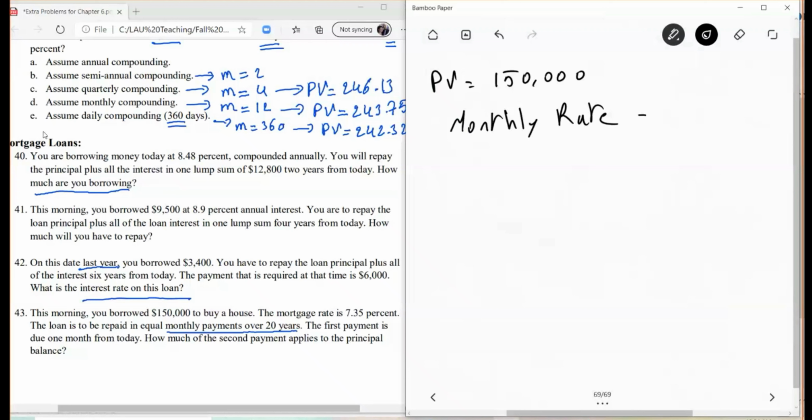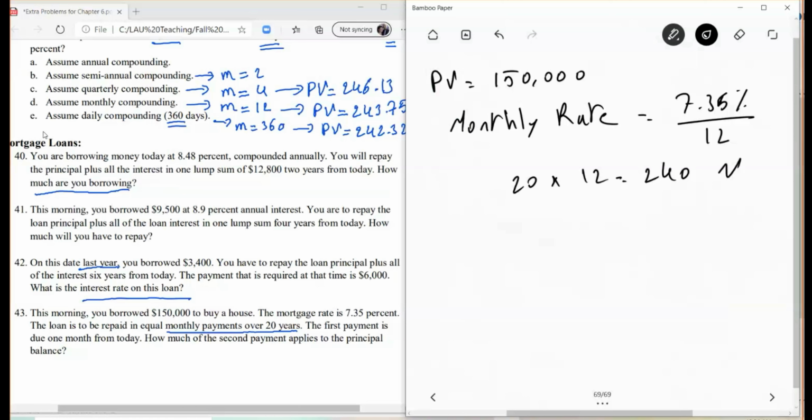The monthly rate in this case is 7.35% divided by 12. I need to pay back the loan over 240 payments, which is N. The first payment is due 1 month from today. So how much of the second payment applies to the principal balance?